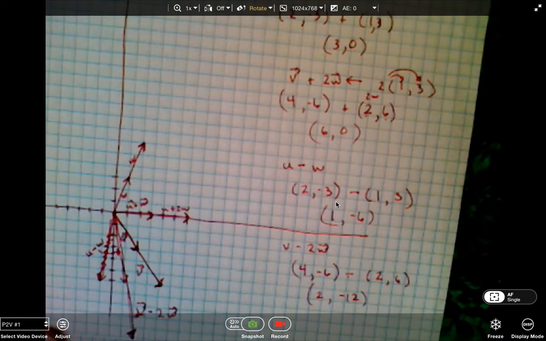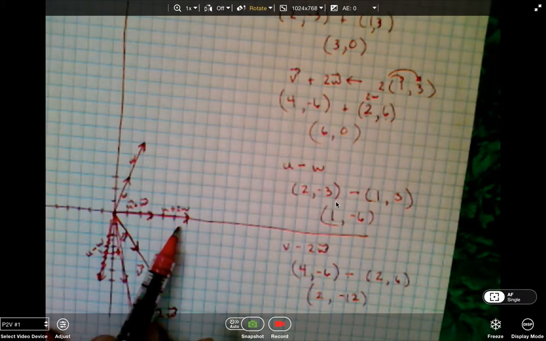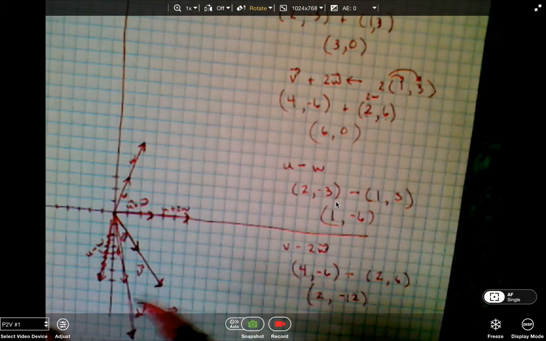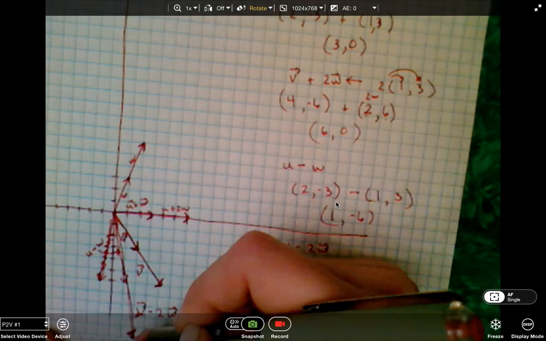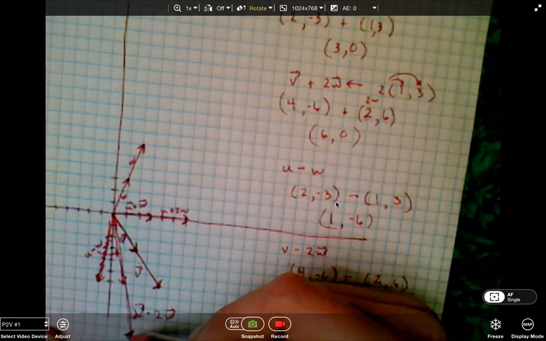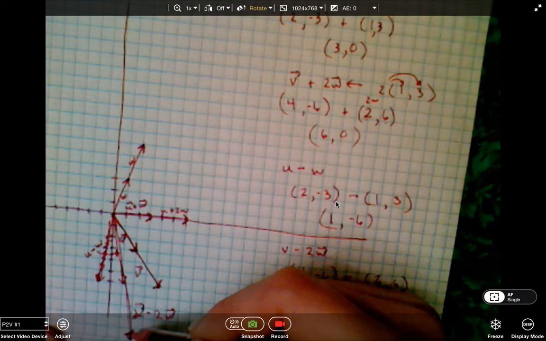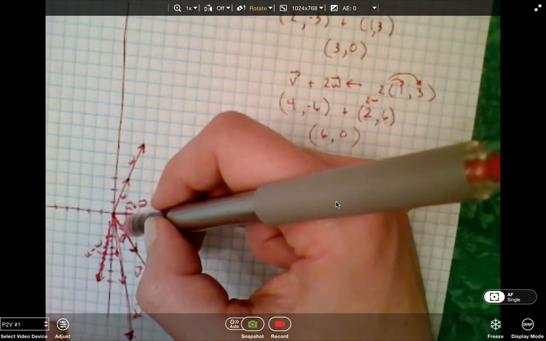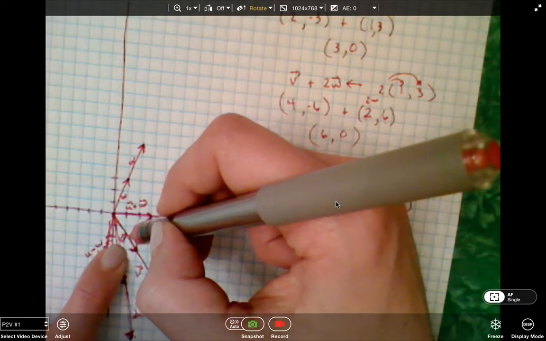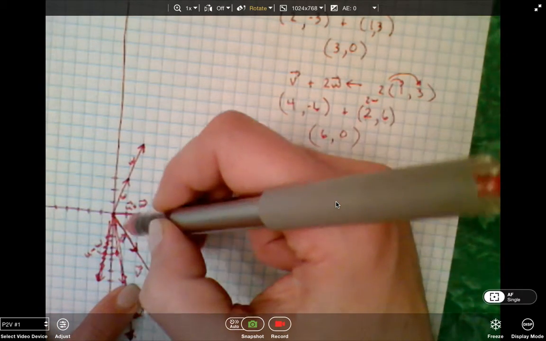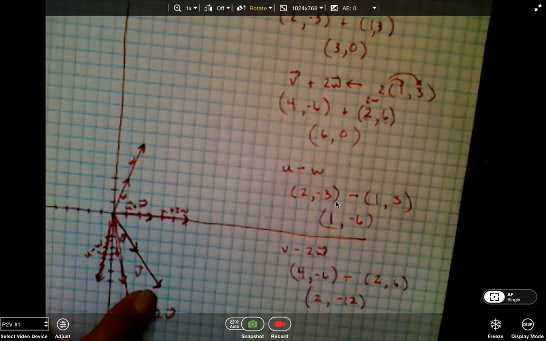Then it asks us to comment on what we see here. So what I'm going to show you is that anytime we add a vector to itself, or multiply it by 2, I'm seeing it get longer but maintain the same direction. Same thing here. If u plus u, or 2u, is equal to v, then it has the same direction, but it's twice as long in magnitude.